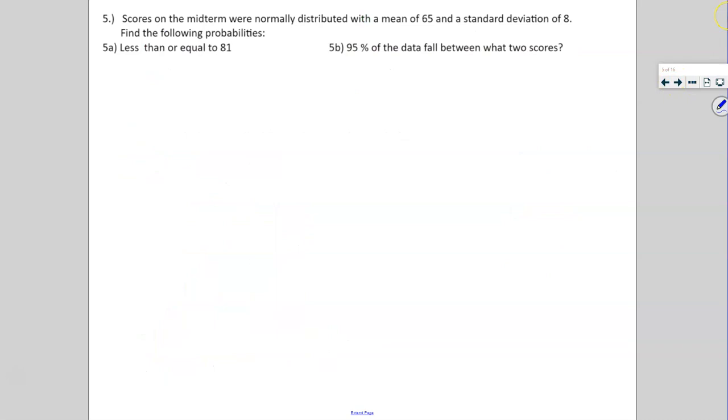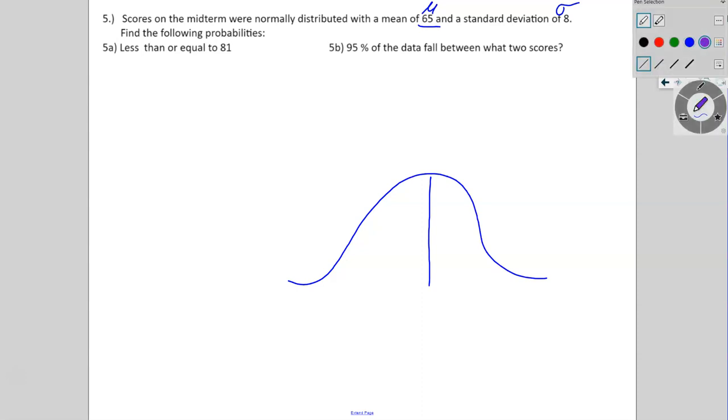All right. Next question, number 5. Scores on the midterm were normally distributed with a mean of 65 and a standard deviation of 8. So again, I'm going to do my empirical rule to check if my numbers are on. All right. So I got mean of 65.